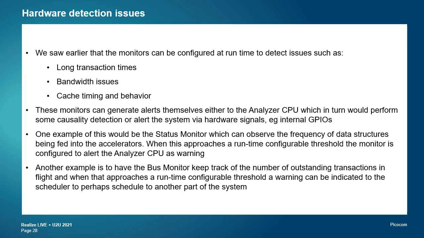Another example is to have the bus monitor keep track of the number of outstanding transactions in flight. When that approaches a threshold, it can also indicate to the analyzer that this is going on. And so the software running on the analyzer CPU can say, well, you pushed out your timing budget because of these reasons.